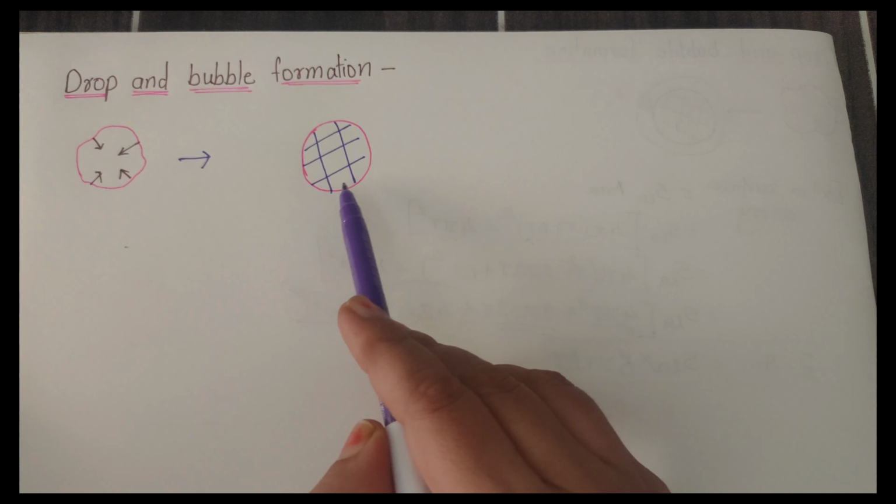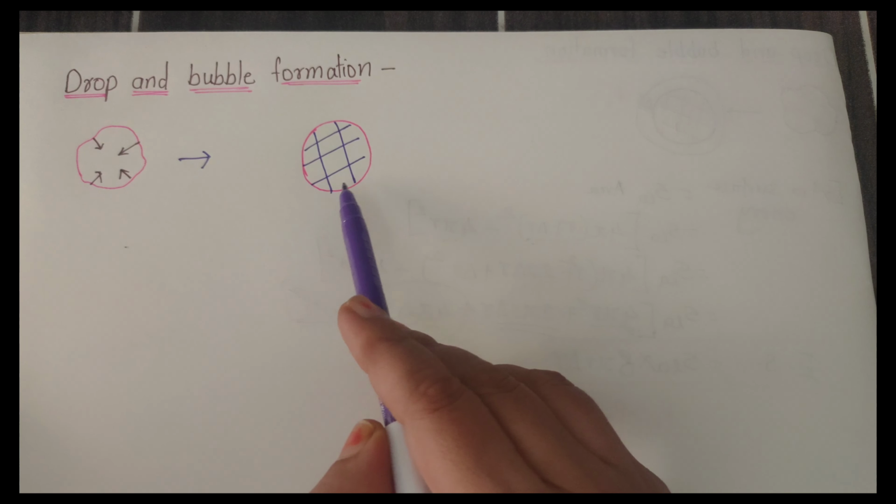S_LA into [4 pi r square plus 4 into 2 is 8 pi r del r plus 4 pi del r square minus 4 pi r square]. Now you can see this is 4 pi r square, this is 4 pi r square, this has plus sign, this has minus sign, so both are cancelled. Now if you see this term, it has del r square, the increase in the radius of the drop, and this increase is very small, so we can ignore this term.